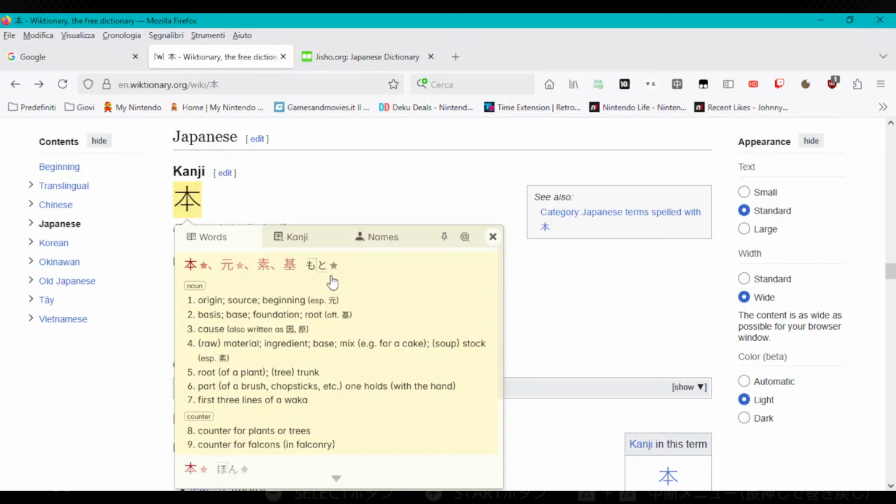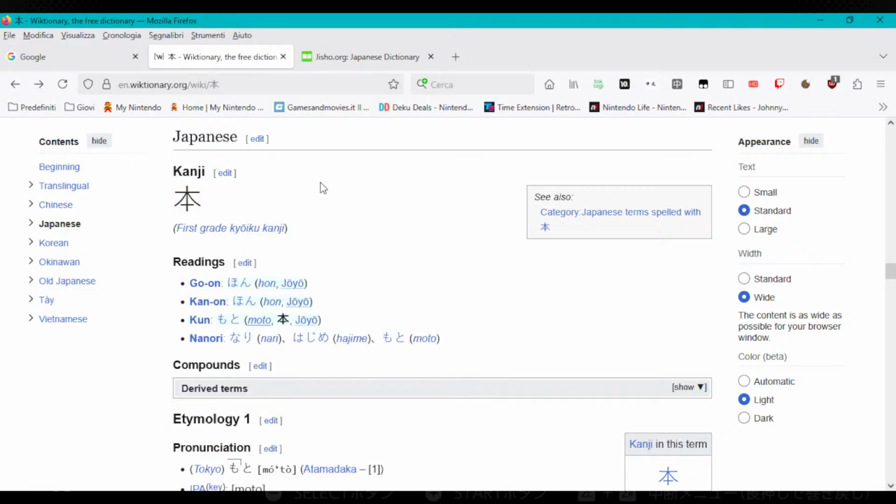And so it comes from root, but then the meaning becomes basis, foundation, origin. You might have already heard the word moto, for example, in Miyamoto-san's surname. The moto part is this one.